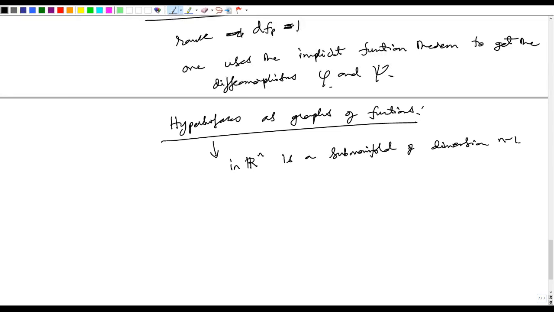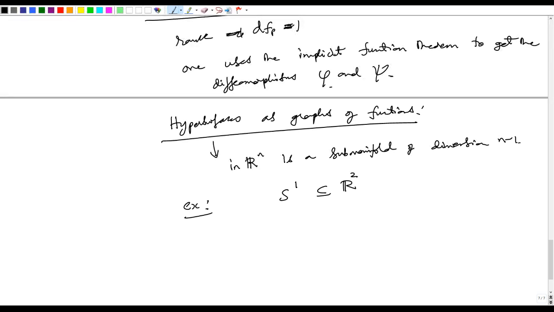Let's start with something even simpler than S2. Let's just look at S1, S1 sitting inside R2. From one point of view, it's a closed curve. But according to our definition of a hypersurface, it is indeed a hypersurface in R2.